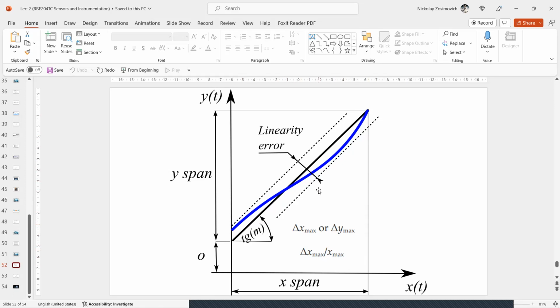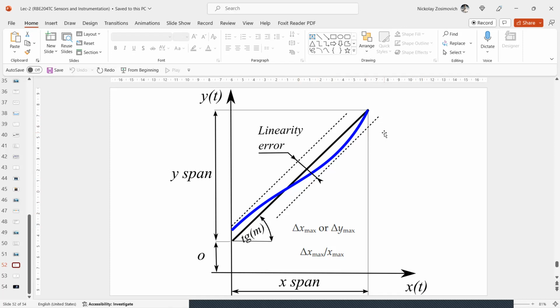And second, endpoint nonlinearity, based on the endpoint line, the straight line between the calibrated endpoints of the range. It may coincide with the terminal line after calibration of zero and scale. It may be used, so often independent nonlinearity.